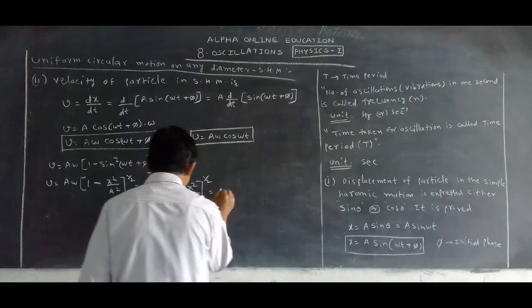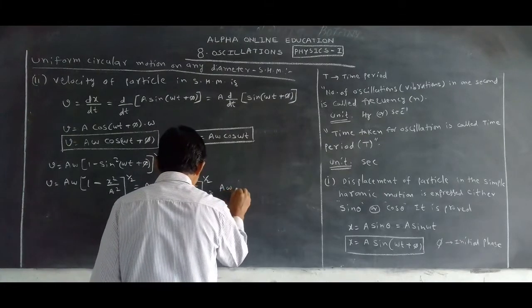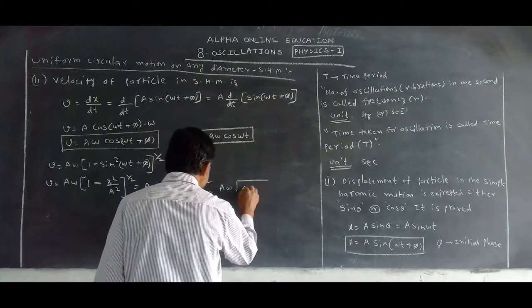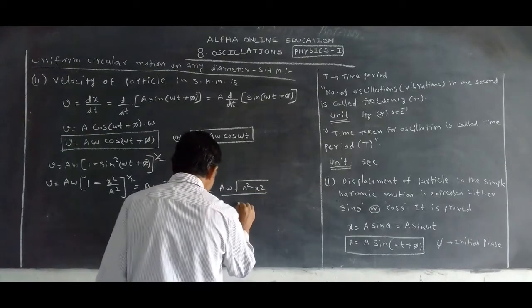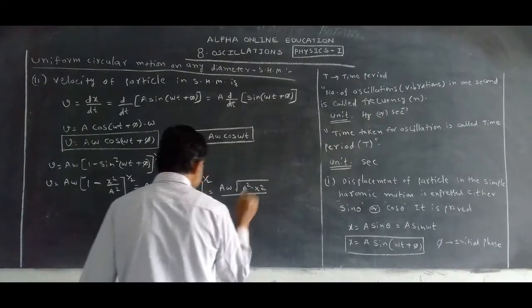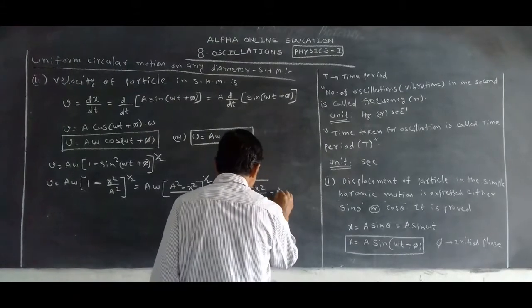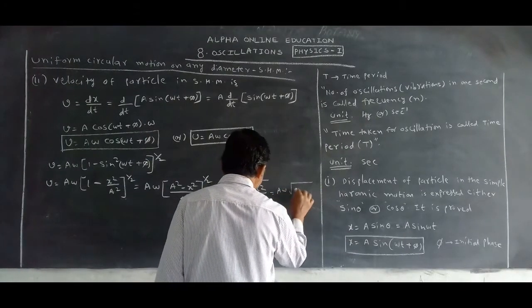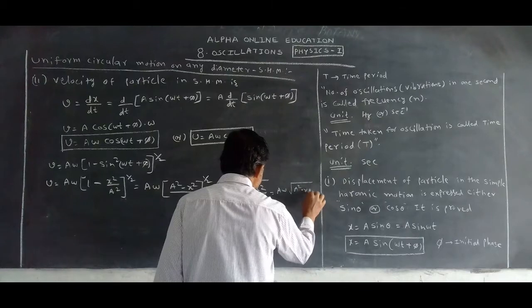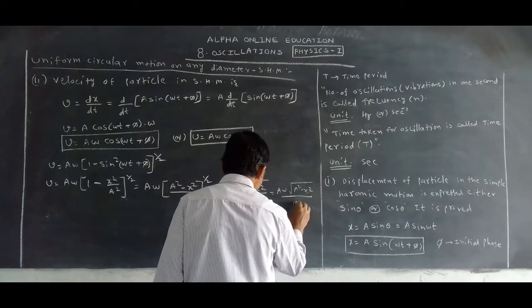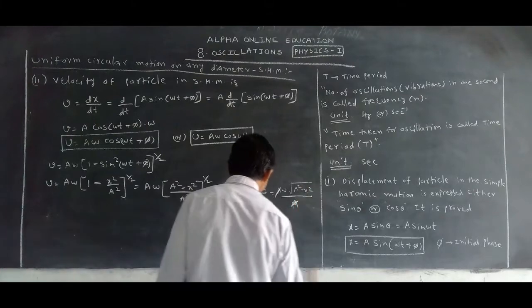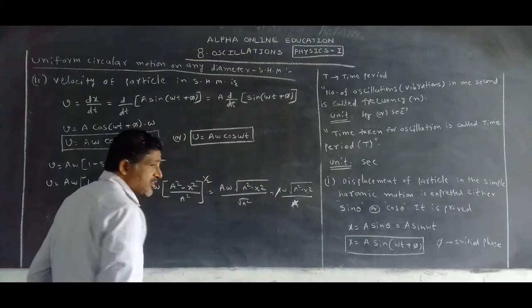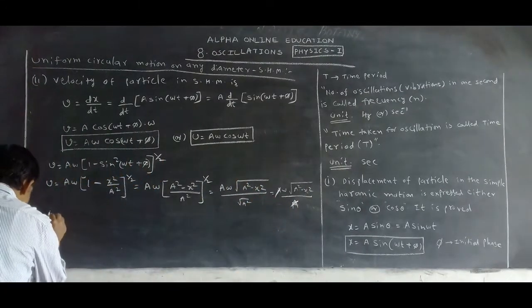Now we can write this as a omega root (a square minus x square) by root a square. So a omega root (a square minus x square) by root a square, and the a cancels. Root a square is equal to how much? a. So what is v?